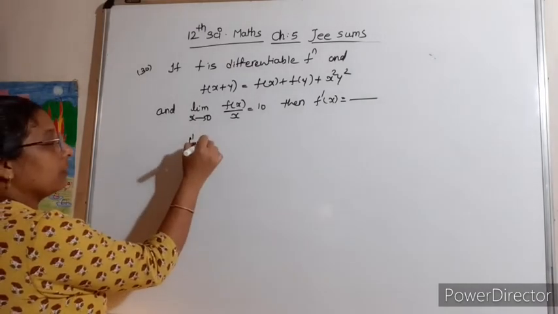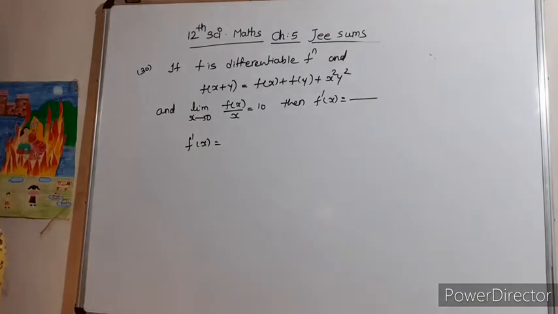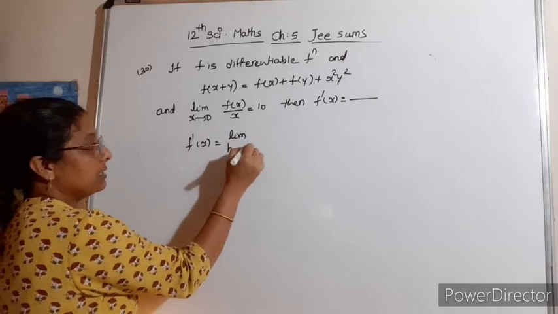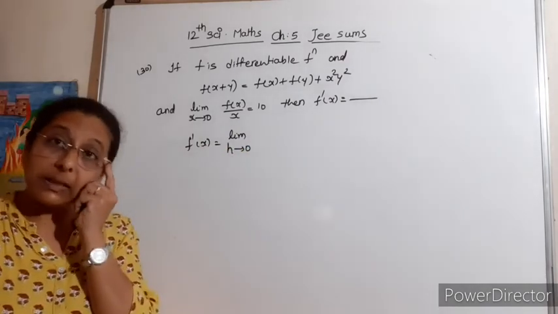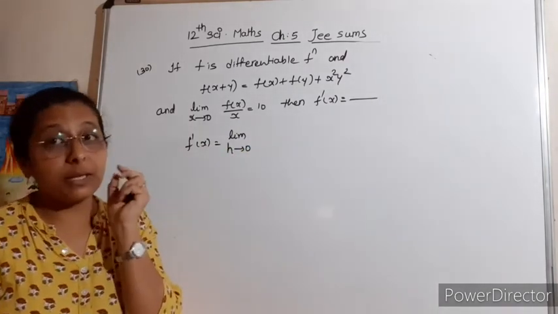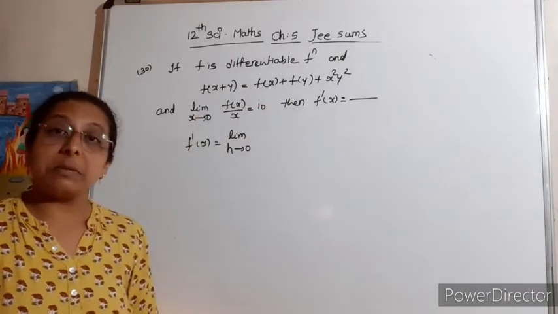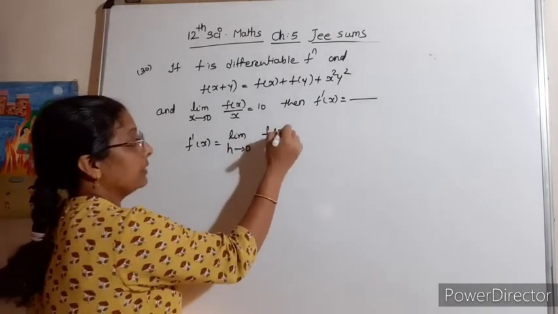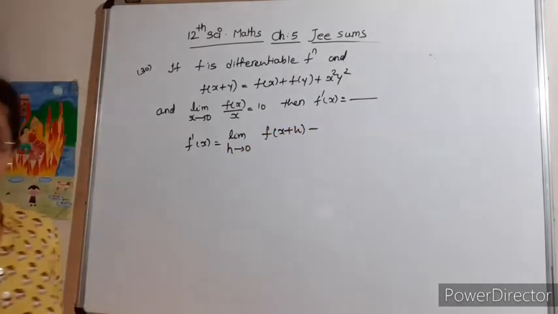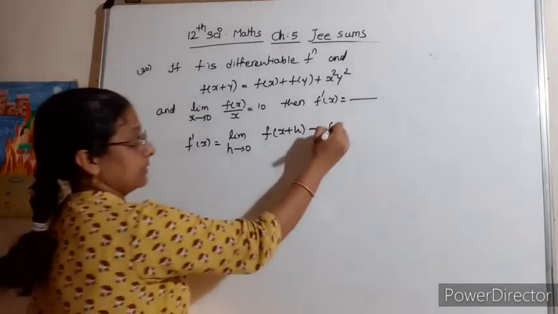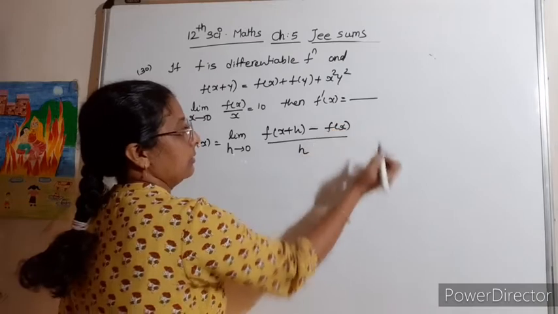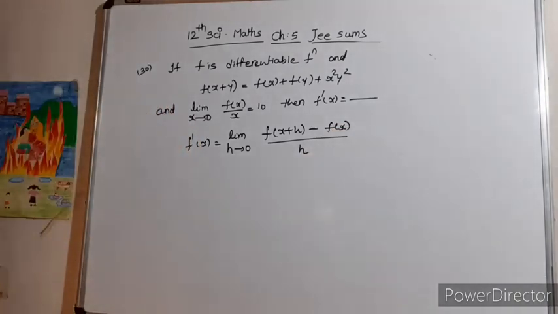By the definition of differentiation, it is limit h tends to 0, f of x plus h minus f of x upon h. We did this in 11th as well, and I told you the definition at the start of this chapter. If it is differentiable, then this is its derivative, f dash x.